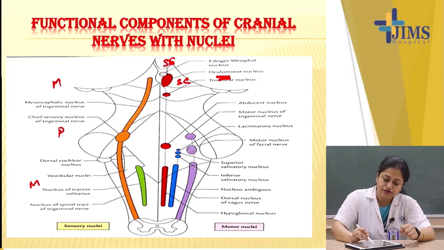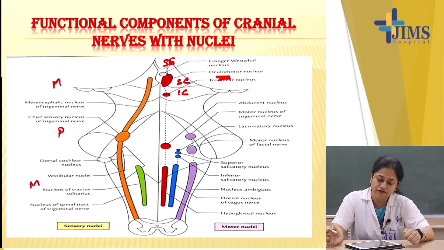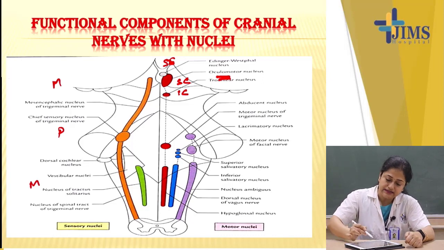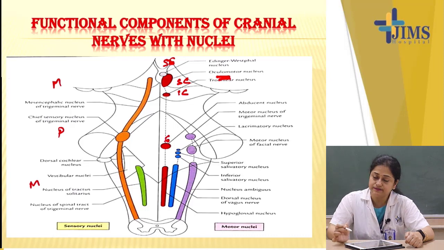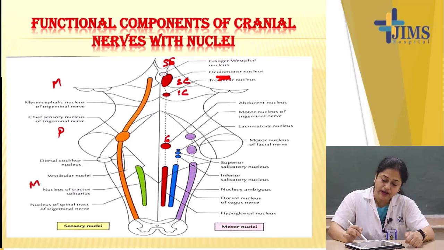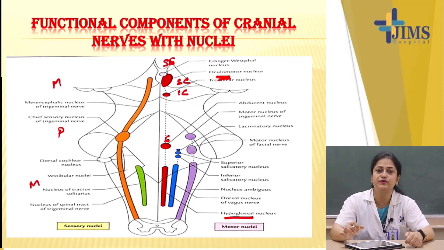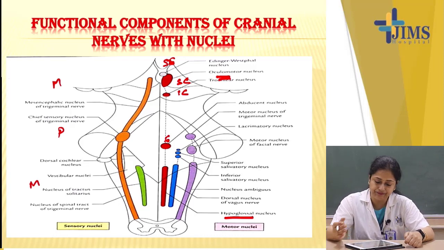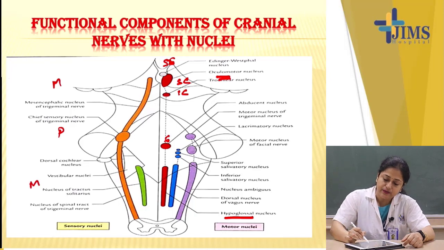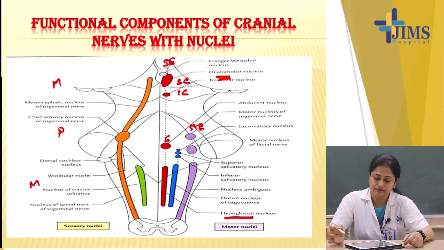You can see the trochlear nerve nucleus at the level of the inferior colliculus. You can see the abducent nerve nucleus at the lower part of the pons, and you can see this elongated nucleus, which is the hypoglossal nucleus, situated longitudinally along the medulla. Next, in violet you can see the special visceral efferent.